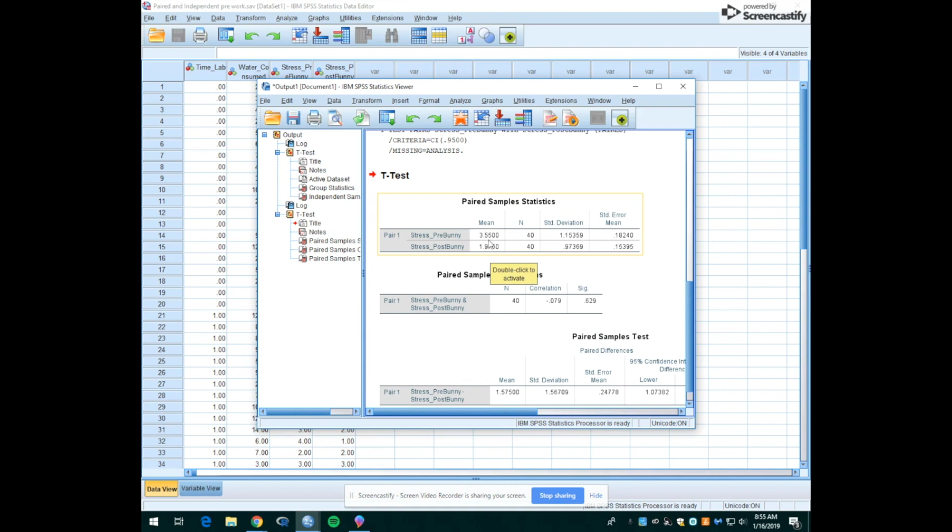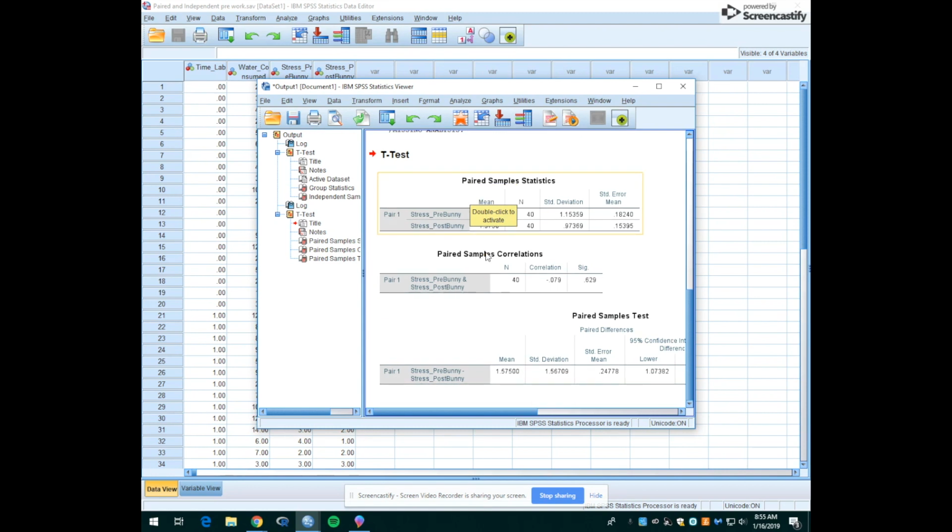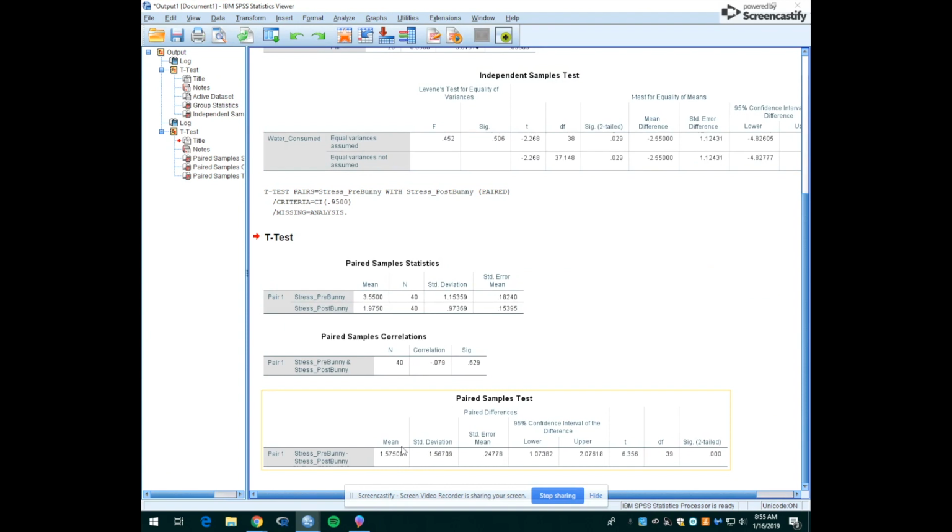So this is saying that the average level of stress, and I forgot to tell you, this would be on a scale from 1 to 5, with 5 being more stressed, 1 being less stressed. The stress level reported by all the students before holding the bunny was 3.55, and the stress after being around the bunnies was 1.98. So to see whether this is significantly different, we'd go now down to the paired samples test, and we'll see that the t-value is here, 6.356.